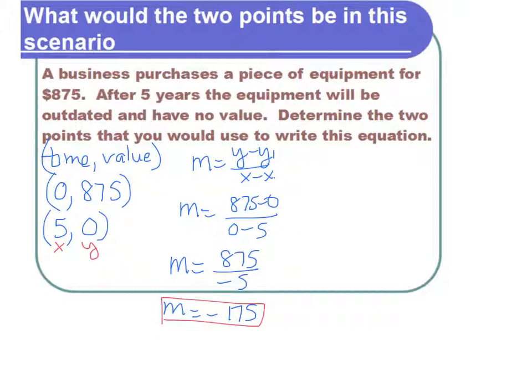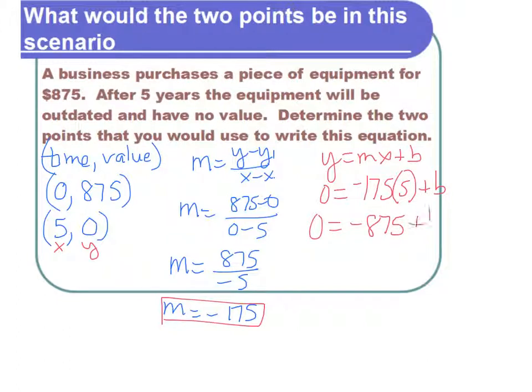Let's go write the equation. y equals mx plus b. So the y value is 0, m is negative 175, x is 5, plus b. So I'm basically taking my negative 175 times 5. And so 0 equals negative 875 plus b.